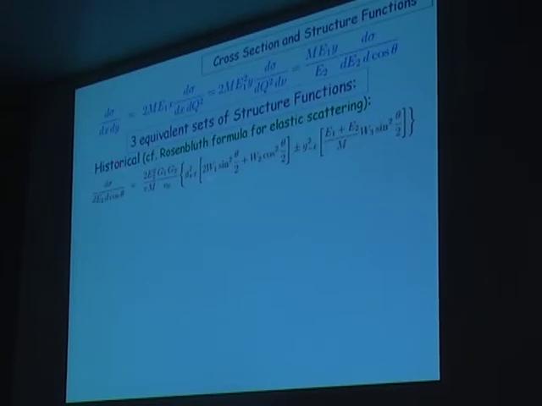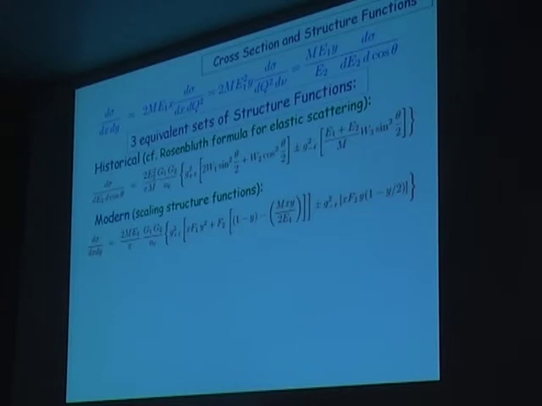Historically, it was first derived in this way, in analogy to the Rosenbluth formula for elastic scattering, in terms of lab energy and scattering angle. After the parton picture was introduced, and Bjorken scaling became an important concept, we introduced new structure functions.